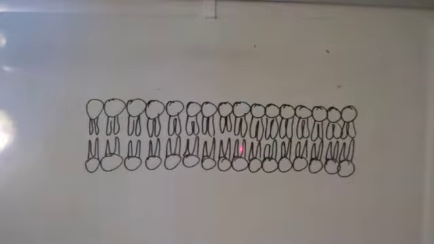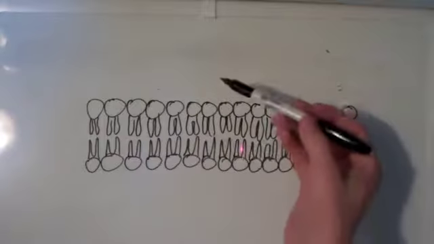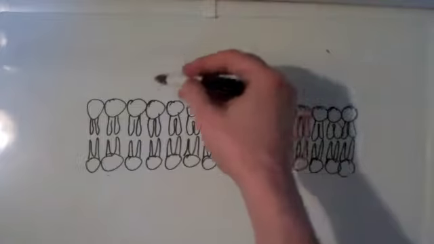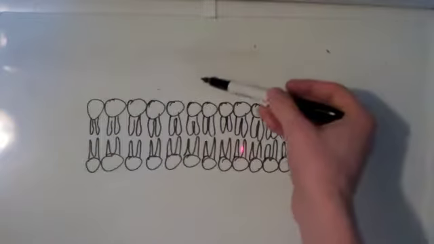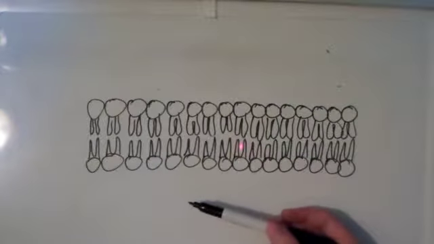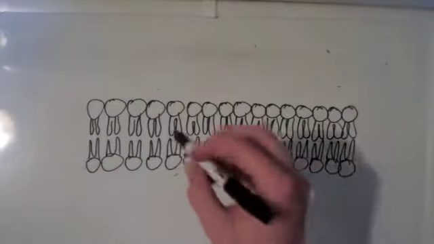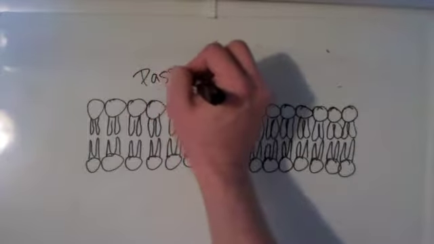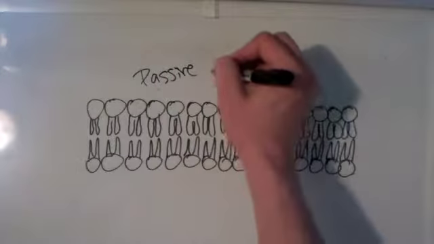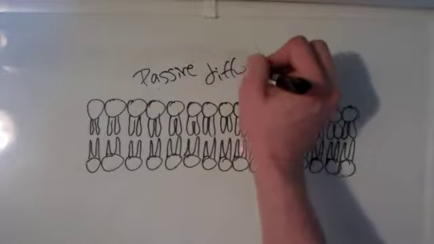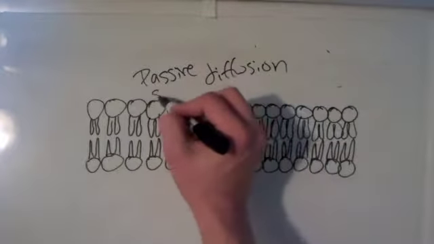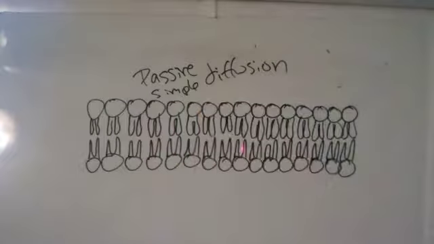So, the problem that we want to solve here is how does a cell get stuff on the outside of the cell to be inside of the cell? Well, it's going to do something called passive diffusion, or simple diffusion.